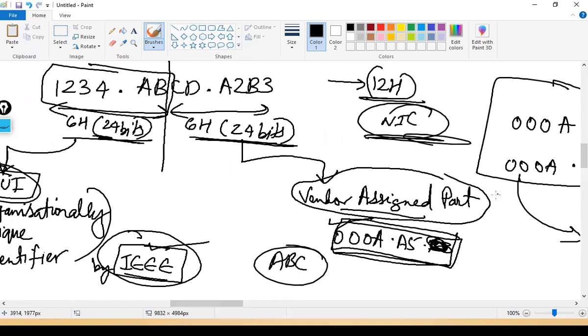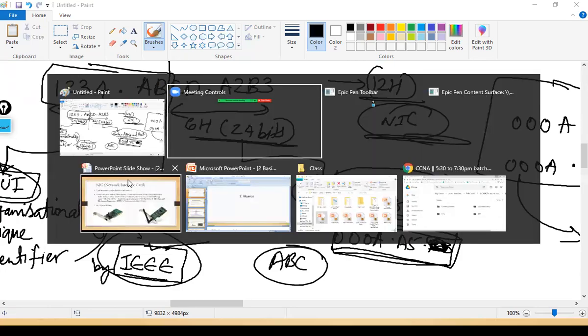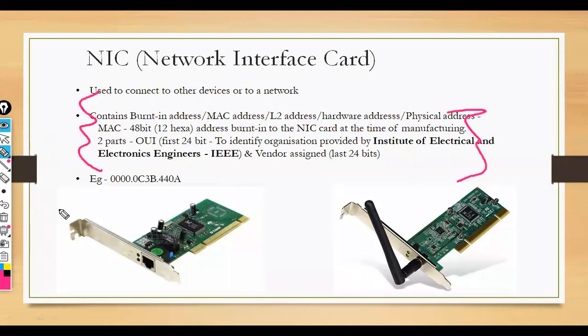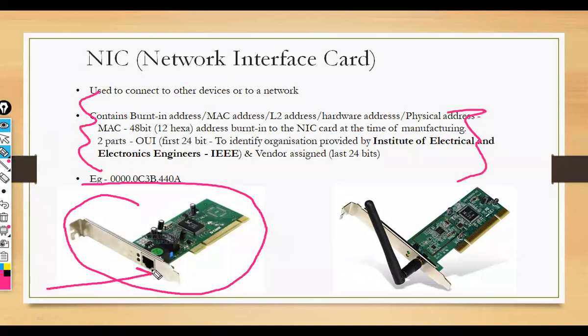Okay. Now, so coming back, I already mentioned these things. Now you can see this is the NIC. So this NIC, you can connect a wire here. You have the port or the interfacing section, and you can connect a wire to this NIC.